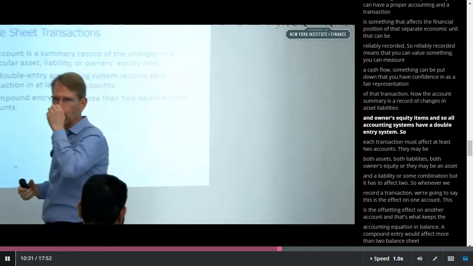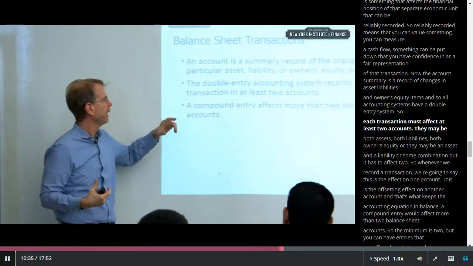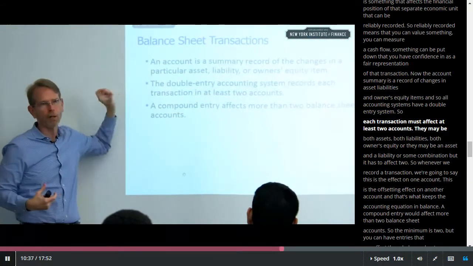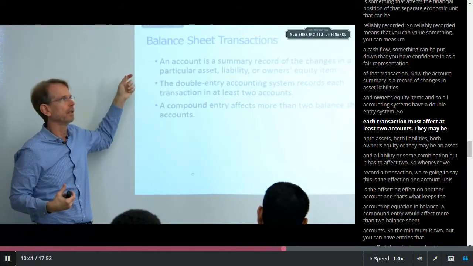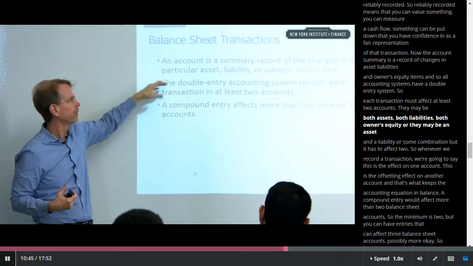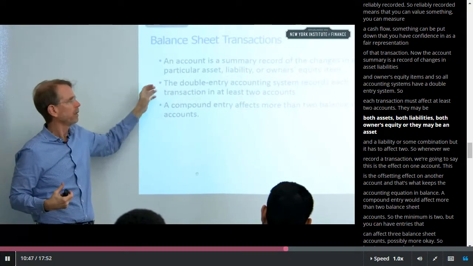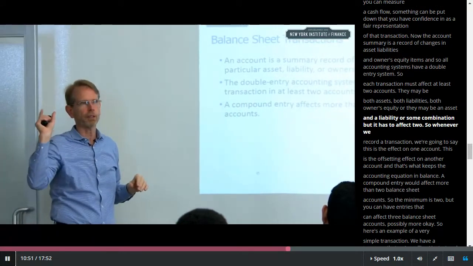And so all accounting systems have a double entry system. So each transaction must affect at least two accounts. They may be both assets, both liabilities, both owner's equity, or they may be an asset and a liability or some combination. But it has to affect two.